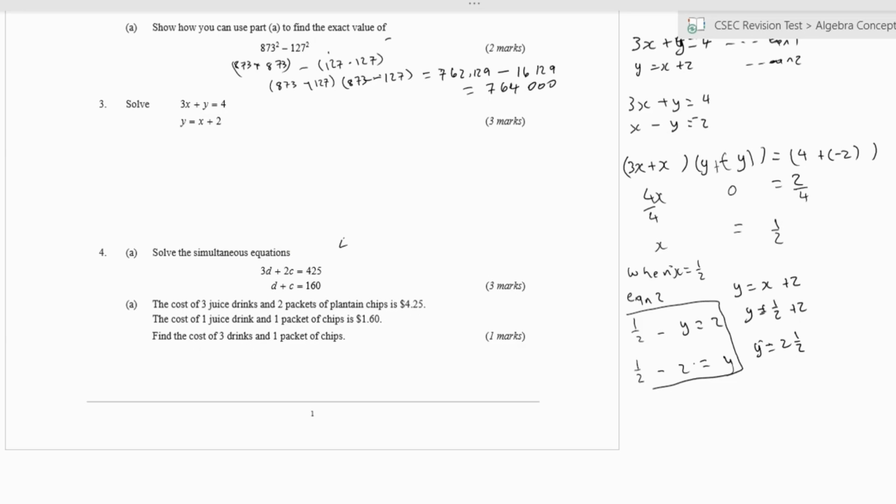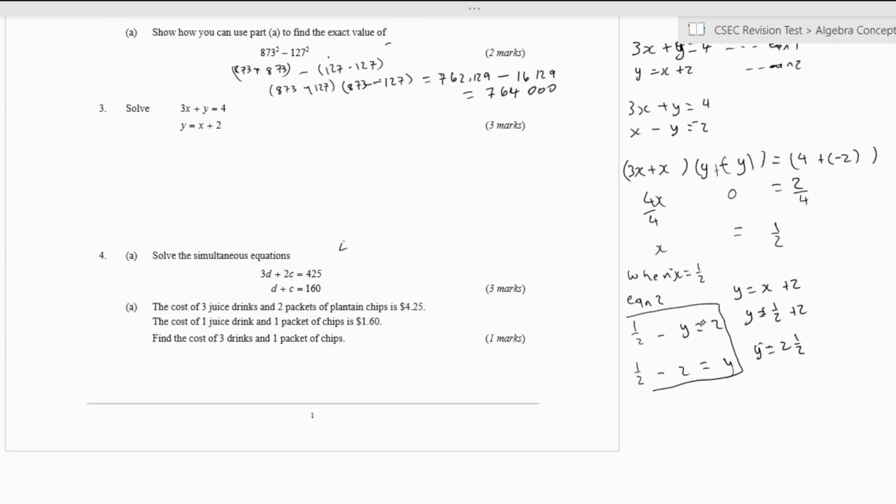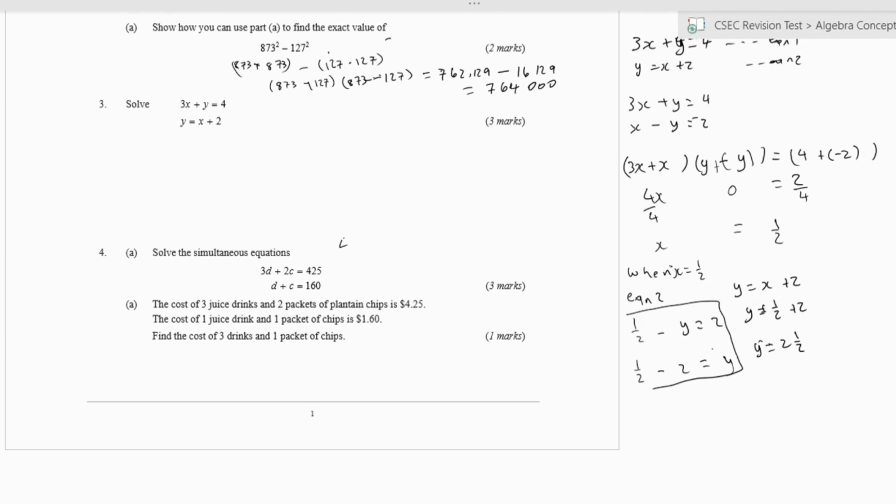And also, if we take the minus 2 over to this side, the 2 would change and become a positive 2, so our y will become 2.5.